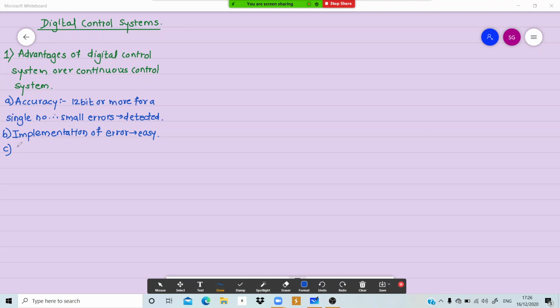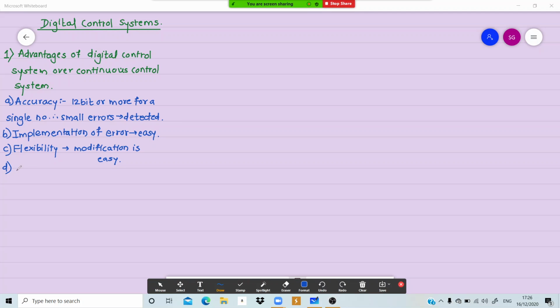That's why flexibility is very good, because modification is easy. All these things are given in detail in the notes, so in short I'm writing it here just for you to understand.